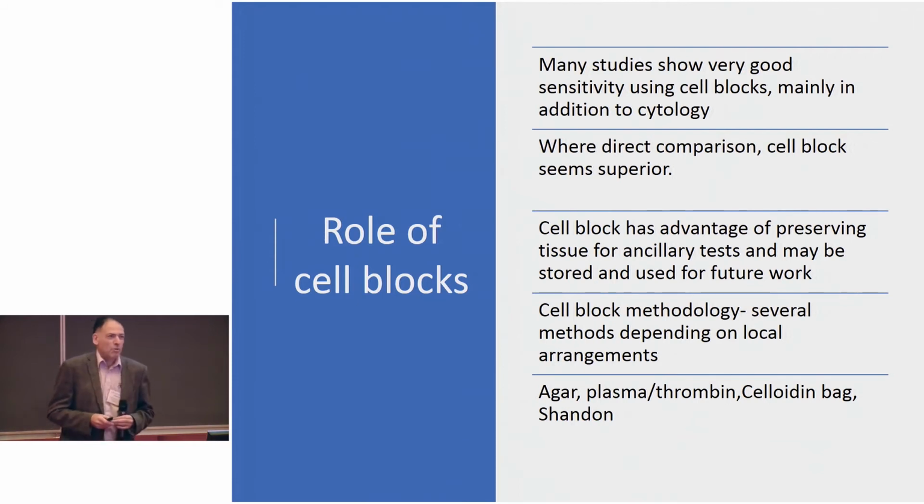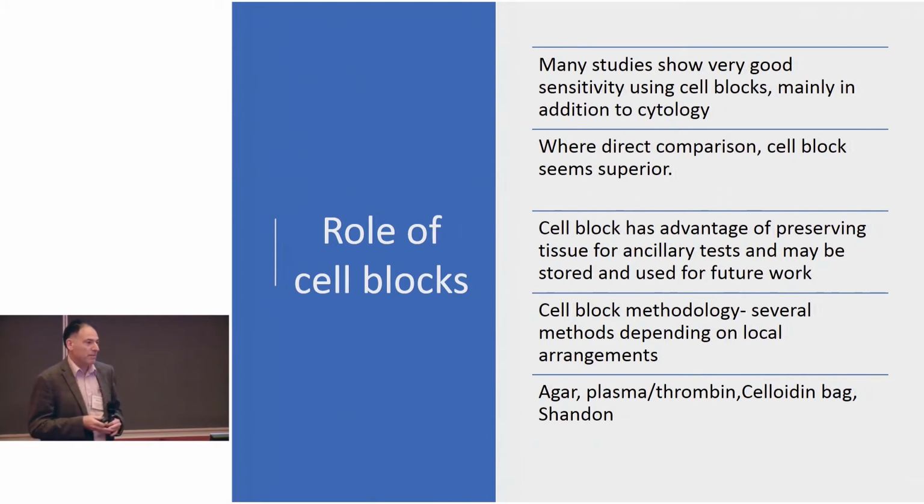Now, cell blocks, or at least some form of tissue for histological sample, is really of great use for us, because we can do a lot of things with it. And if you look at the studies for sensitivity, most show very good sensitivity using cell blocks, generally when used in addition to cytology. If you do a direct comparison with doing one or the other, the cell blocks do seem superior. But obviously with cell blocks you have the advantage of preserving the tissue for further work.